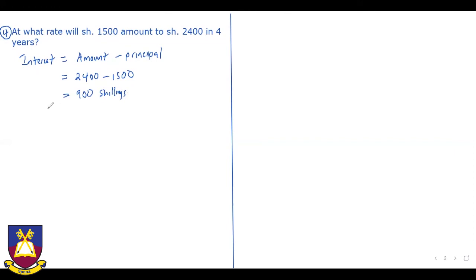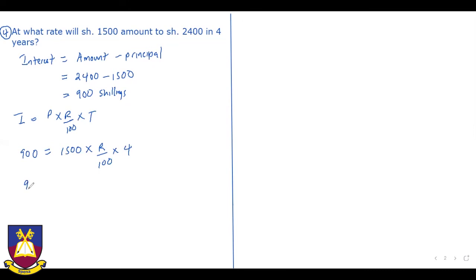Now we're going to use the definition of interest, the formula for interest, to determine the rate. Interest is equal to principal times the rate over 100 times time. We have our interest, 900, is equal to the principal. The principal is 1,500. We don't know the rate, but we know the time is 4 years.